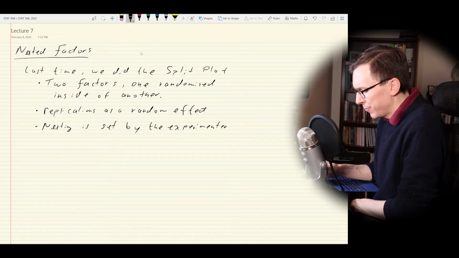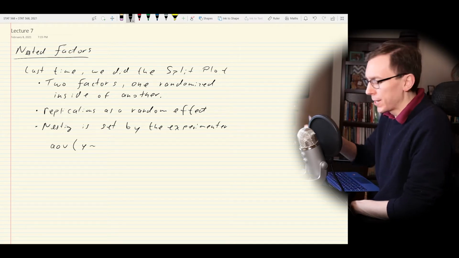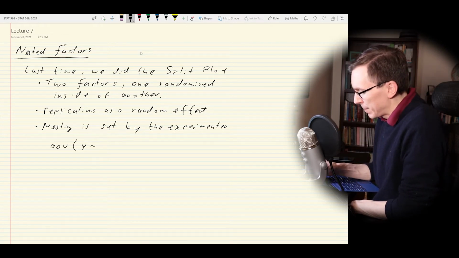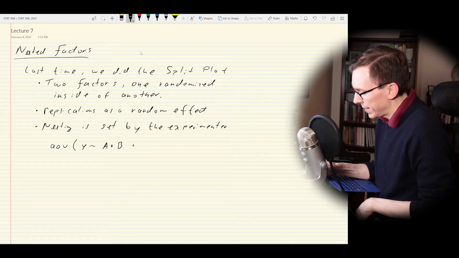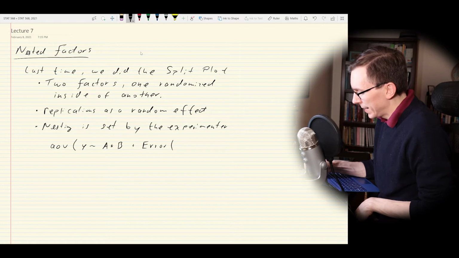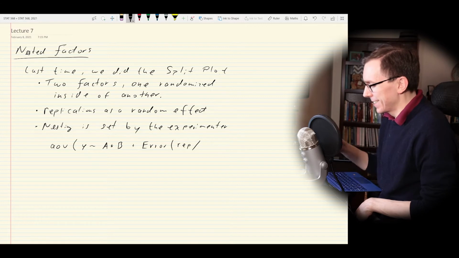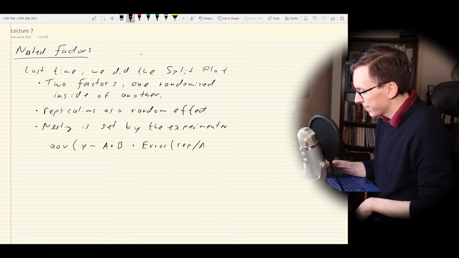And remember what I said before, you would have something in R that would look like aov, Y, which would be our response variable, would be something like A star B for A, B, and the interaction between A and B. And we would have an Error term, with 2 R's, which would look something like rep, the replications, slash A, and something like that.